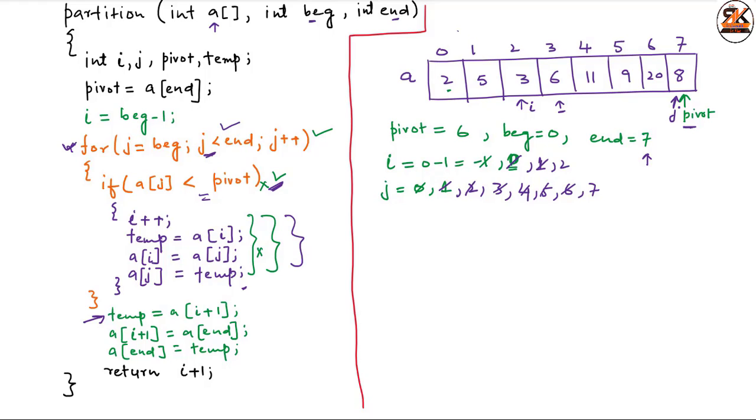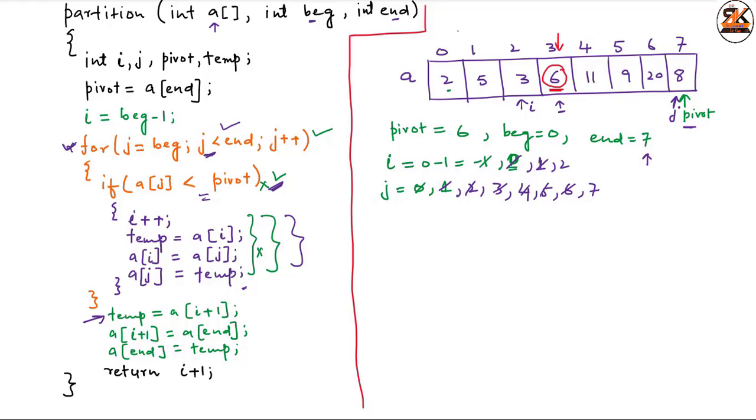Now after the first iteration, we see that we had chosen 6 as pivot element. 6 was our last element in the unsorted array, and now after the first iteration 6 has been placed in its appropriate place in the final sorted array. This is not the final sorted array, but the place for 6 will be this one only.